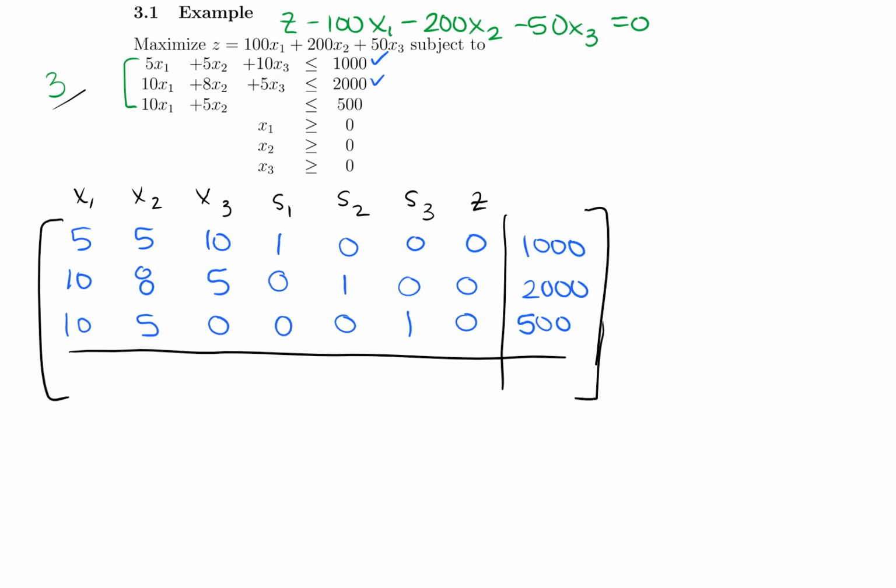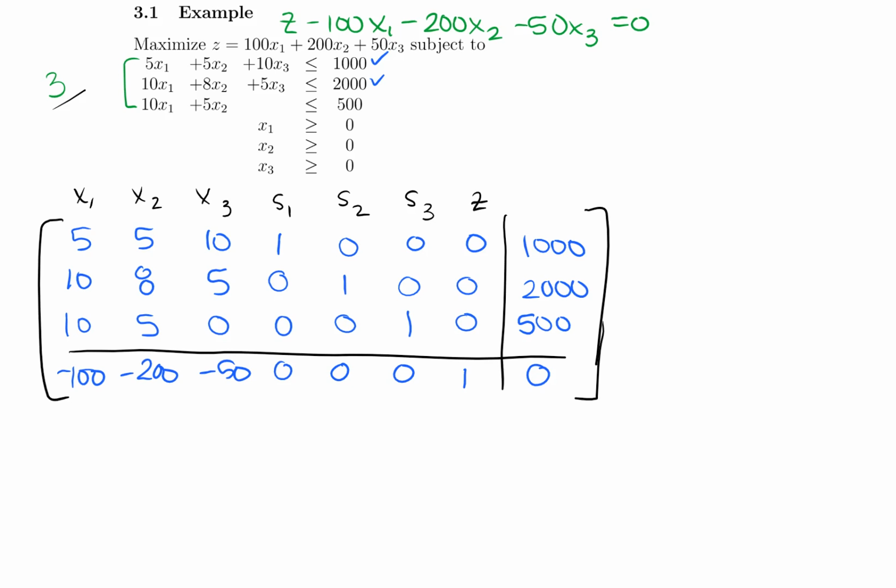So now we can go ahead and put our objective function into the tableau. The coefficient for x1 is negative 100, x2 is negative 200, x3 is negative 50. There are no slack variables, and we have 1 z, so our coefficient is positive 1. Last but not least, the constant on the other side is 0.